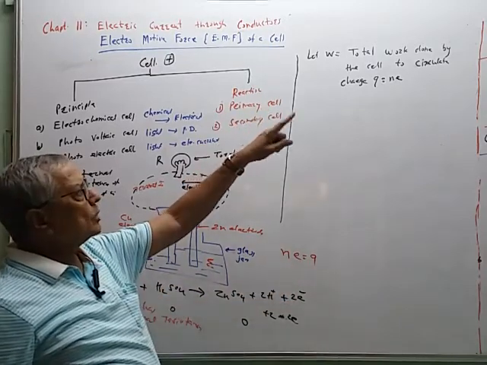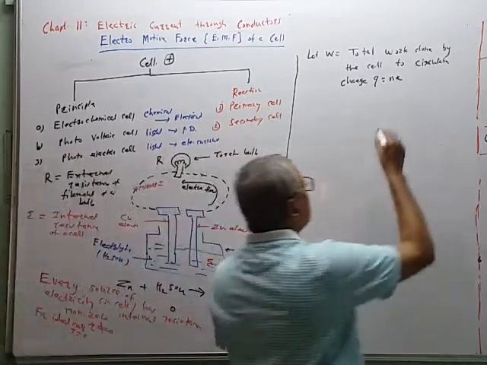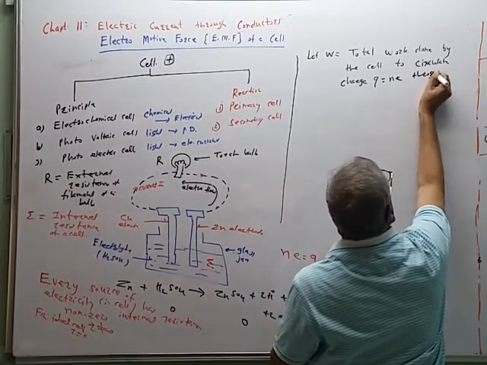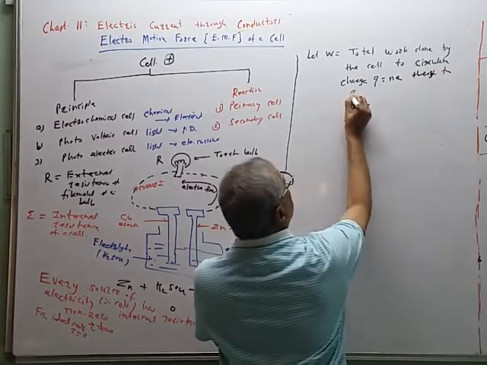Let W be the total work by the cell to circulate the charge Q through the closed circuit.